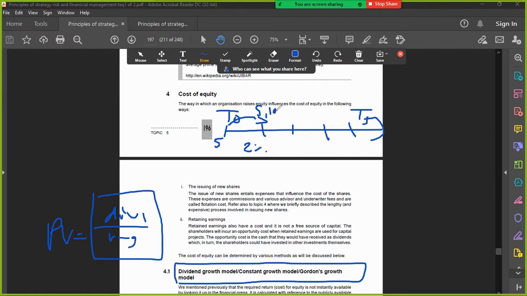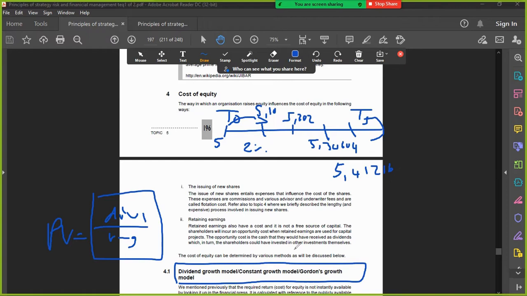Times that by 1.02, and I get 5.202. Do it again, and the next dividend will be 5.30604. Then the next dividend will be 5.41216.